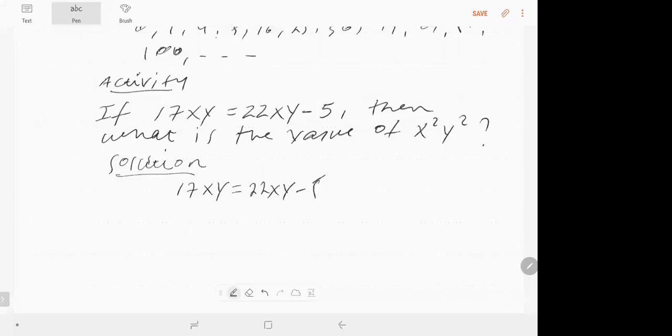Let us start from this given condition. When we shift this expression to this side, we will have 17xy minus 22xy, which is equal to minus 5. 17xy and 22xy are like terms, so they can be subtracted. It will be minus 5xy, which is equal to minus 5.